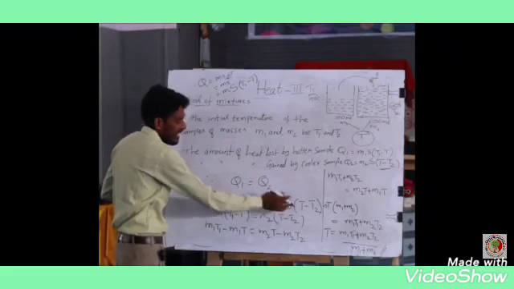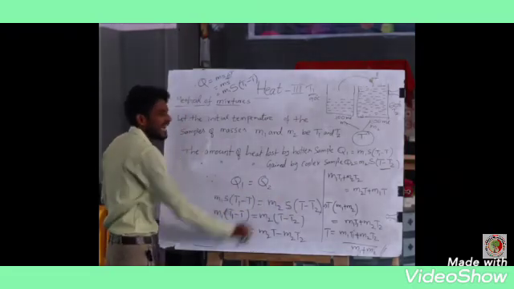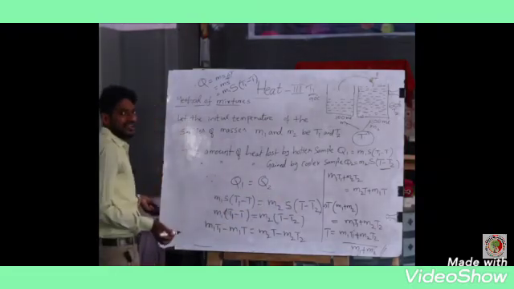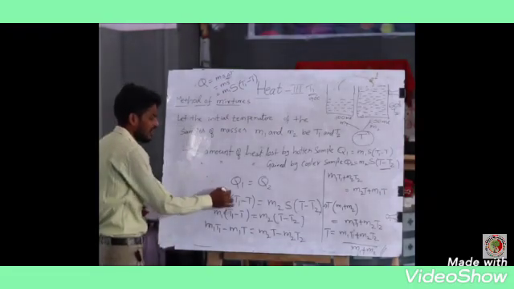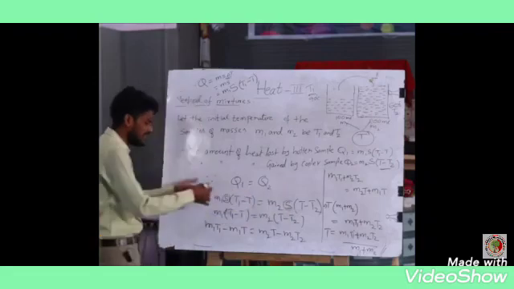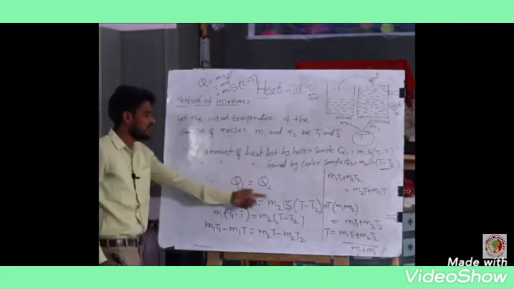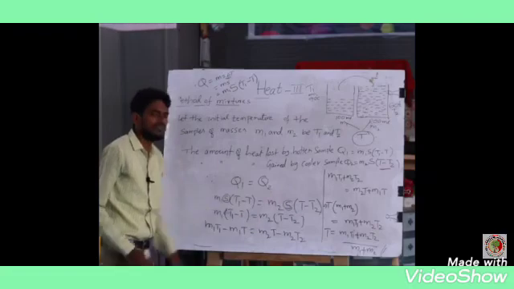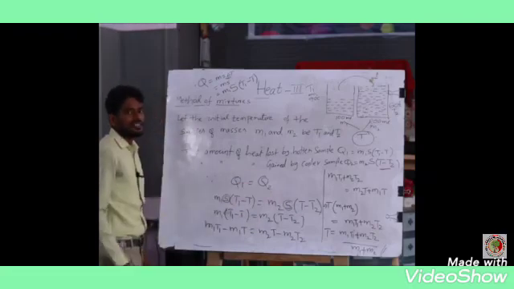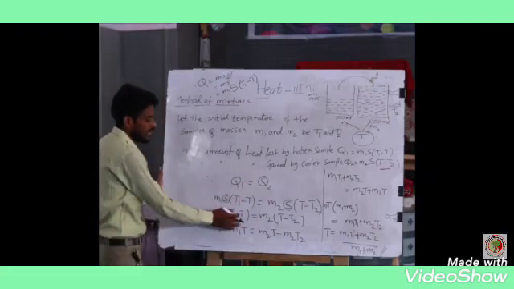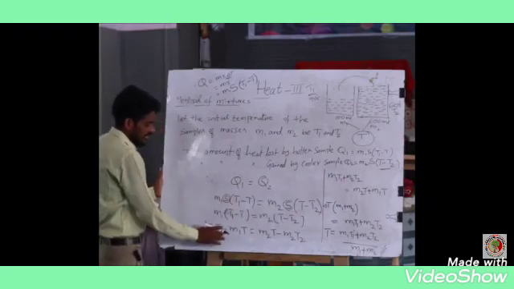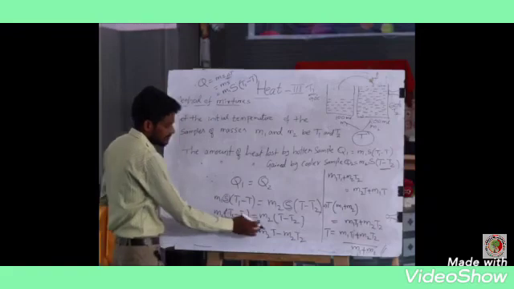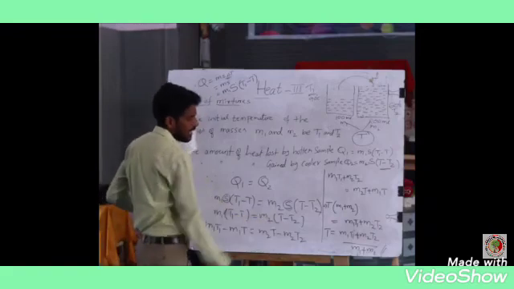This is 1. You may assume you can cancel it, which is false, not cancel. Specific heat of water is always 1. That's why M1 (T1 minus T) and M2 (T minus T2) will be the same. Expanding the product: M1 T1 minus M1 T equals M2 T minus M2 T2.